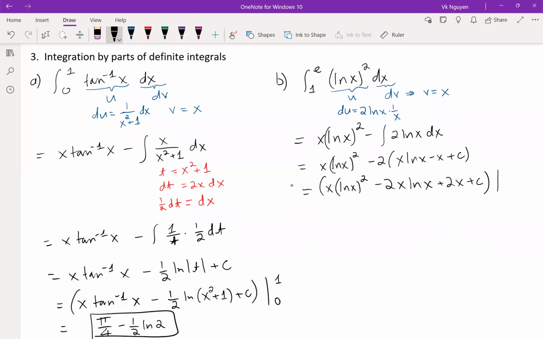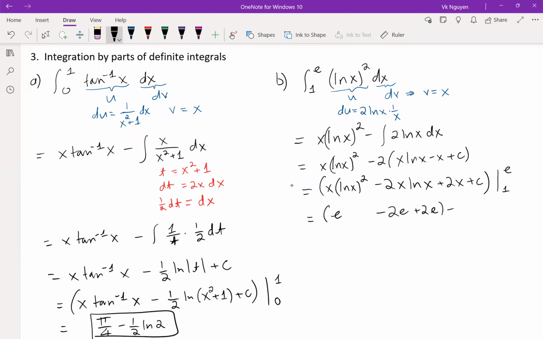And then evaluate everything from 1 to e. Doing the substitution for e, we have e times ln e squared, which is 1, minus 2e ln e, which is 1, and then plus 2e.